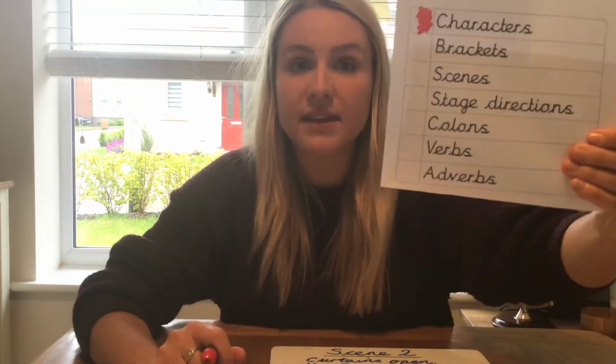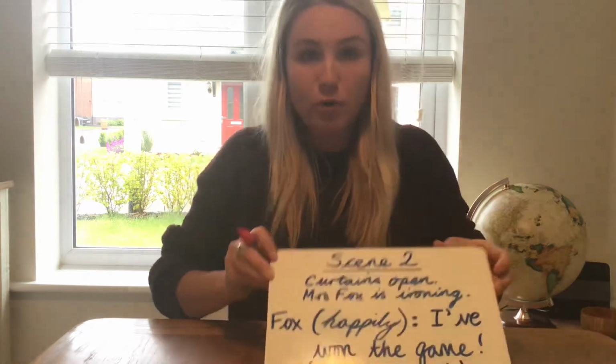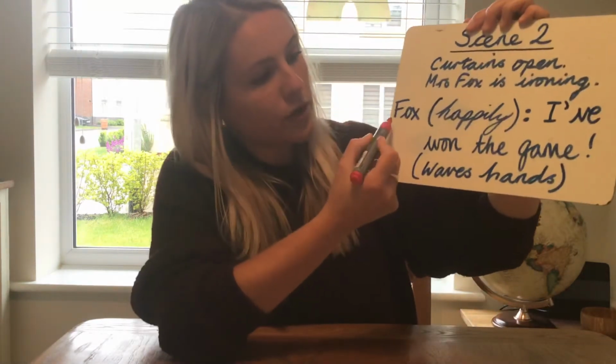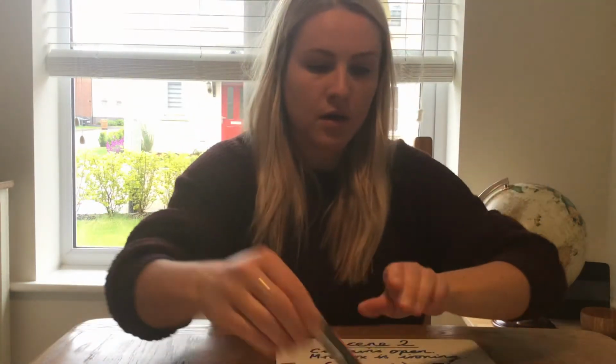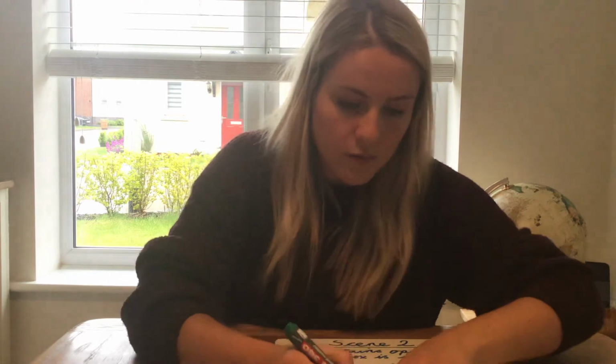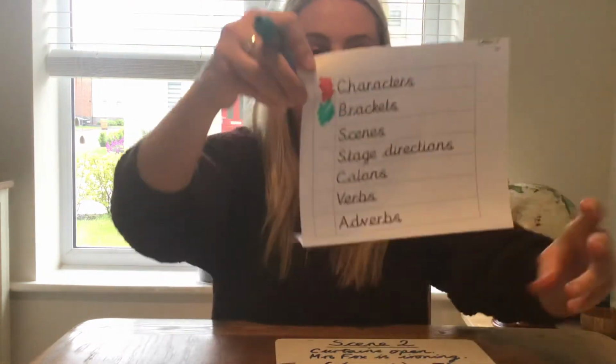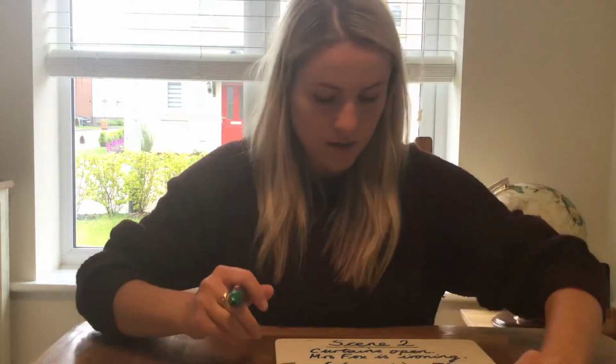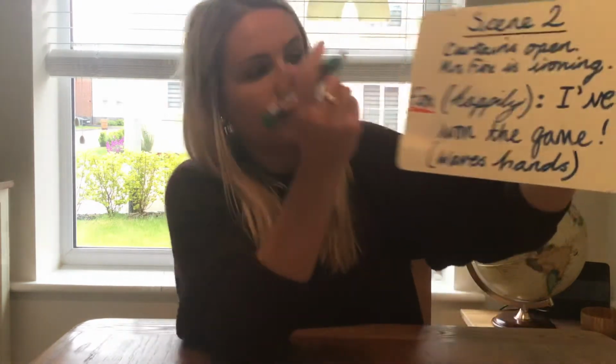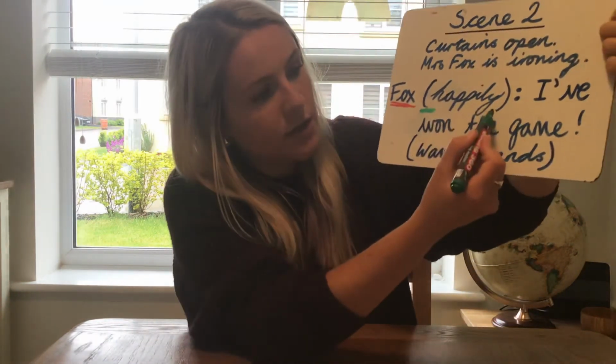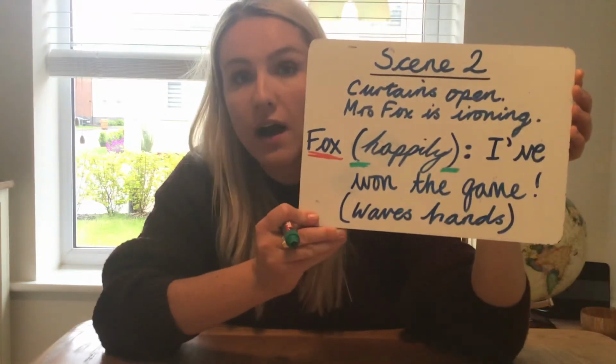So characters is red, and then in your book you could underline the character in red. Brackets, we could say green, and then you could just underline to show that you understand where the brackets are and what they are and where they are in the play script.